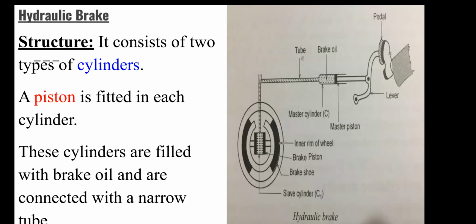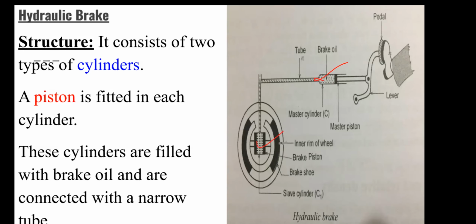One cylinder here, you can see, is the first cylinder. It is also called the master cylinder. This is where the effort is applied. And this cylinder, which is connected with the wheel or rim of the tire, is called the slave cylinder.